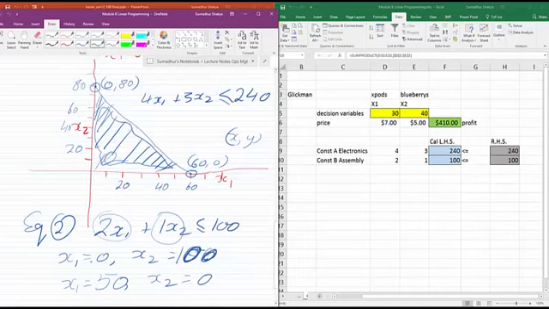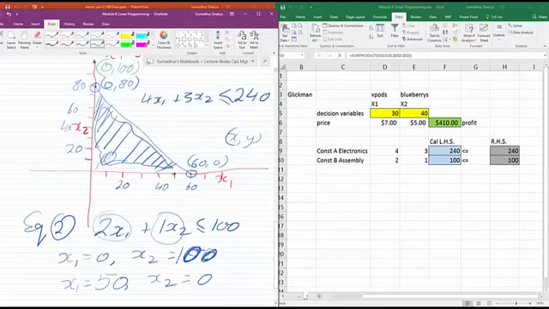When x1 is 0 and x2 is 100, so this is 60, 70, 80, 90, 100. So this is the 0, 100 point, and the next one is 50, 0. So 30, 40, 50.